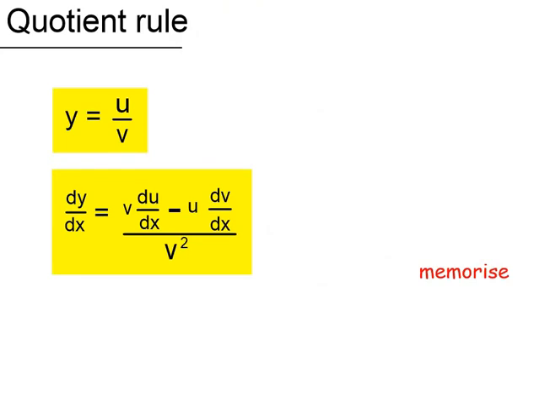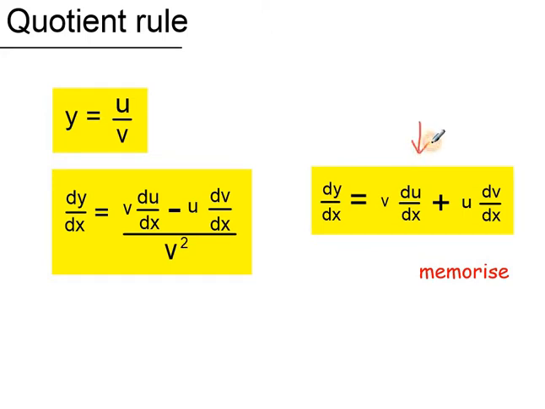And this is the quotient rule. The top part of the fraction looks quite similar to the product rule, which was this. You've got the v du by dx there, and the u dv by dx here. But you have a minus this time instead of the plus, and you're dividing by v squared.